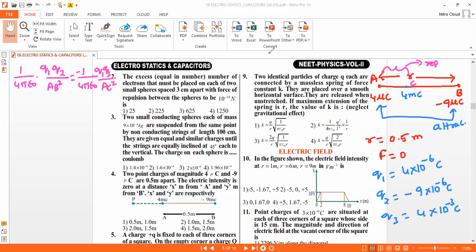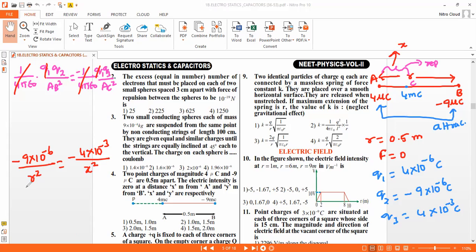So upon calculation, 1 by 4 pi epsilon naught cancels and Q1 cancels. So Q2, it is minus 9 into 10 power minus 6 by R square. Afterwards, I'll substitute values. Minus Q3, 4 into 10 power minus 3 by AC. I will consider this distance as x so that CB will be R minus x.